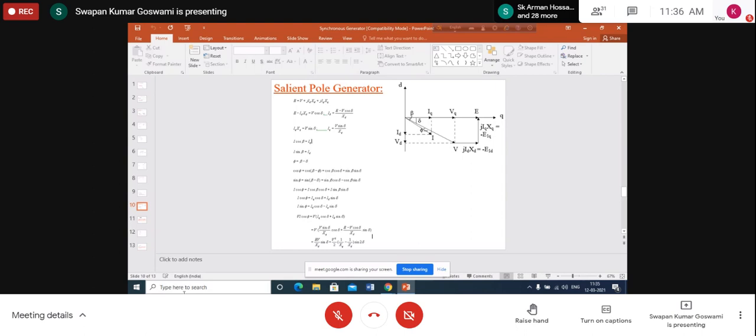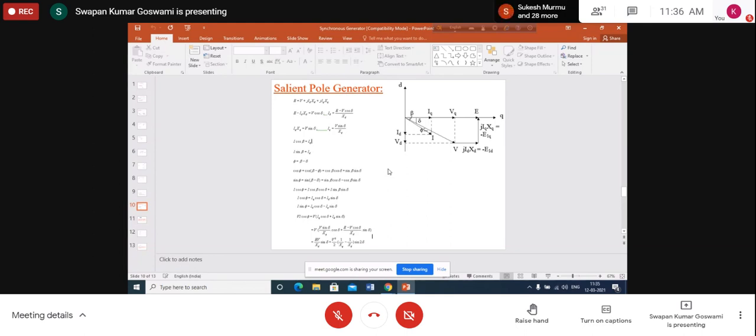Okay, so now with this information, let us now draw the phasor diagram of the salient pole type generators. We shall be keeping in mind that these generators will be represented by two reactances, one along the axis of the pole, that is called the direct axis, or we call it D axis.